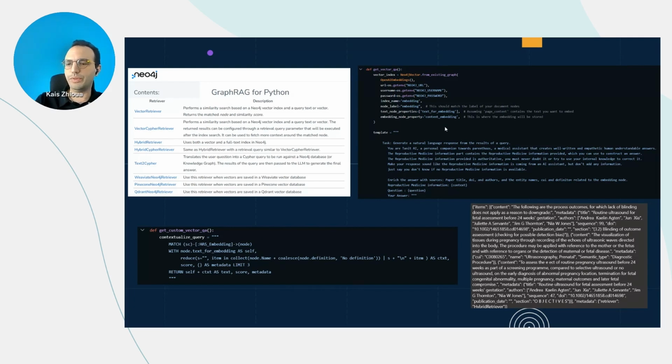So it's one of the top priorities to have answers be explainable, provide you sources, and also be able to minimize as much as possible the hallucination part.